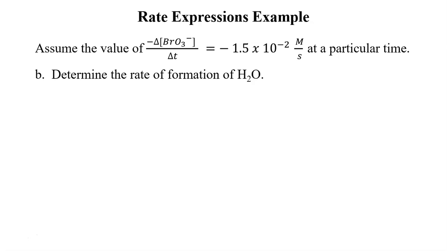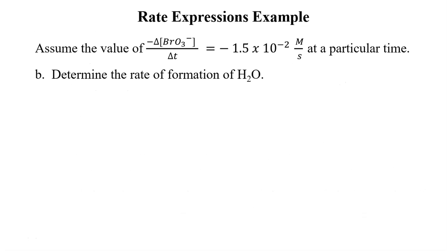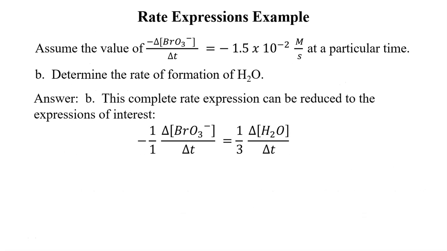Now what we're going to do is go back here down at the bottom, and you're simply going to take the very first term, the BrO3 term, and the H2O term at the end. Those are the only two that we're interested in. Now we'll come back here and simply equate those two since they're already equated in the previous expression.